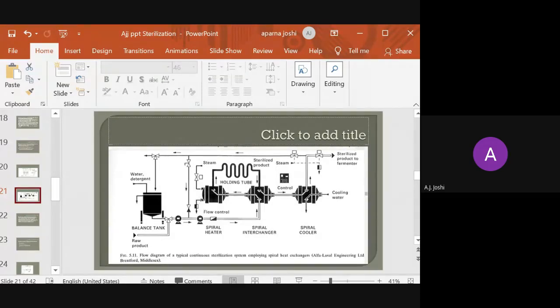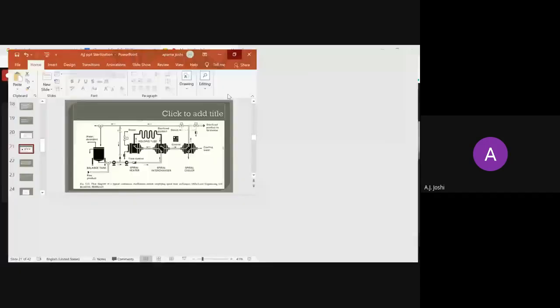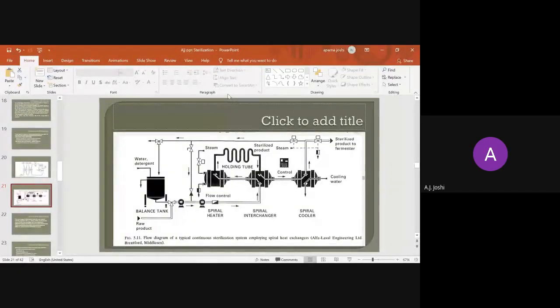One more diagram is there that I would like to add. I have added this diagram because these are from your book, so that it will be easier for you people. Here, it is a flow diagram of a typical continuous sterilization system employing the spiral heat exchanger. Just now I mentioned that there are two heat exchangers, the indirect plate heat exchanger and the spiral heat exchanger.